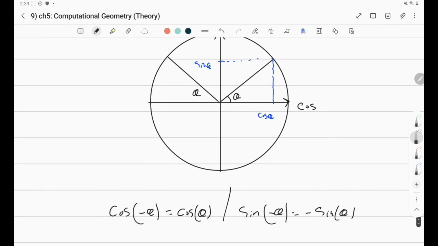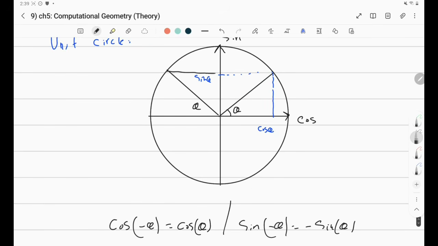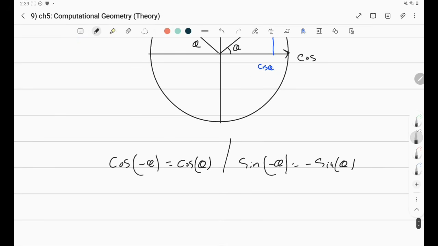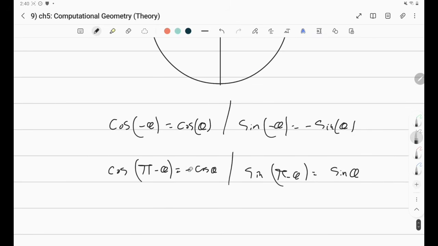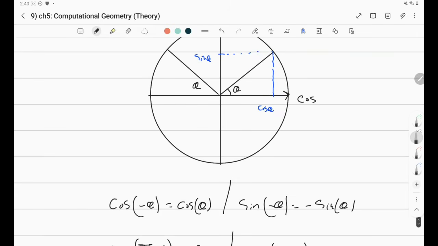So again, you can see that they both have the same sine, but the cosine is flipped, right? So here you have the opposite. The cosine of pi minus theta is minus cosine theta, while sine of pi minus theta is equal to sine theta. So the sine of the supplementary angle is the same, but the cosine just gets flipped. Keep that in mind. Okay, we can get all of this from the unit circle, which is very nice.